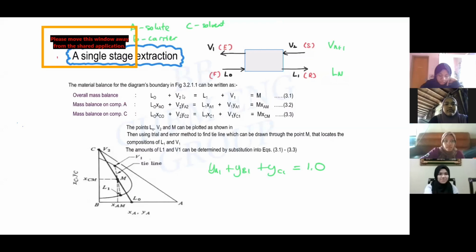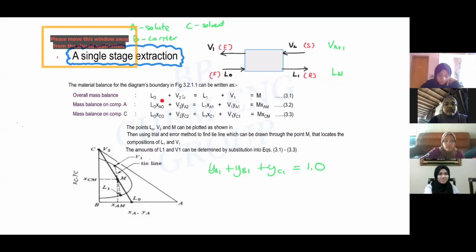Okay, so how to read this? This is a kind of revision for you. Some of you are familiar with this already. So you have L0 plus V1 equal to L1 plus V1, which gives you one equation.